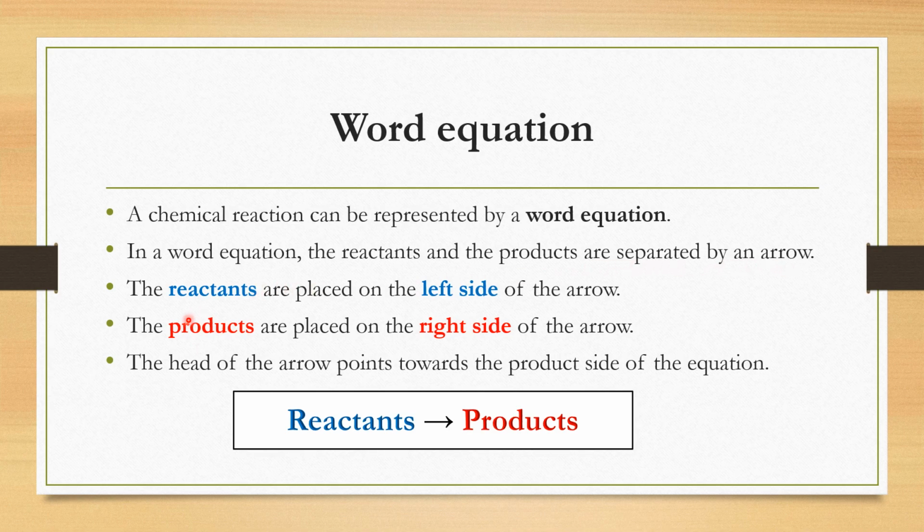Remember, the reactants are placed on the left side of the arrow and the products are placed on the right side of the arrow. Note, the head of the arrow points towards the product side of the equation.